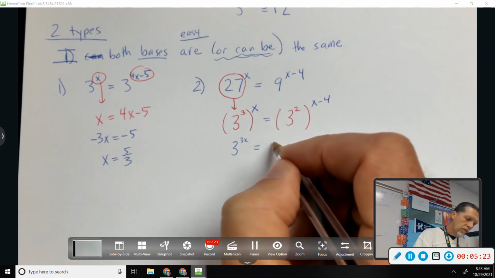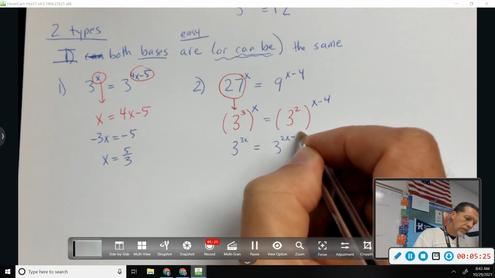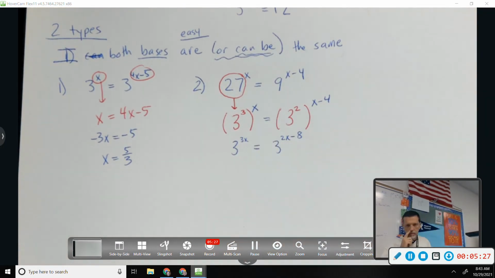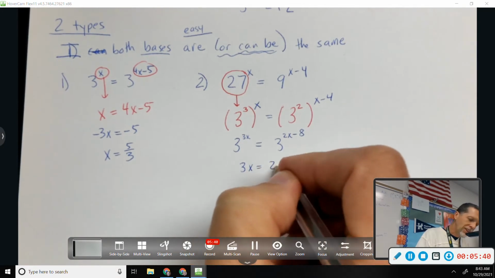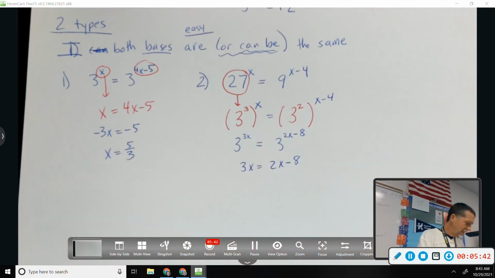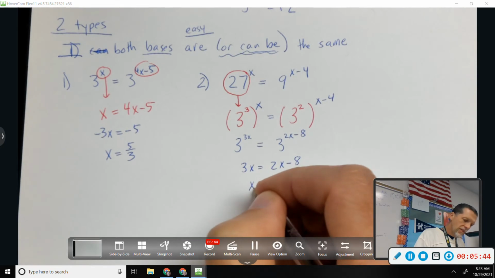So 3 to the 3x equals 3 to the 2x minus 8. That would be a step that some of you would skip because you kind of do it on the fly. And then now you can, wink, wink, delete the 3's. You're not deleting the 3's. You're setting the exponents equal to each other. So x equals negative 8.